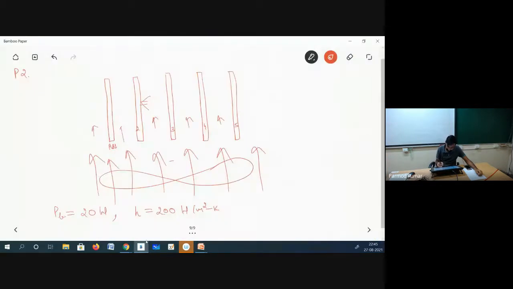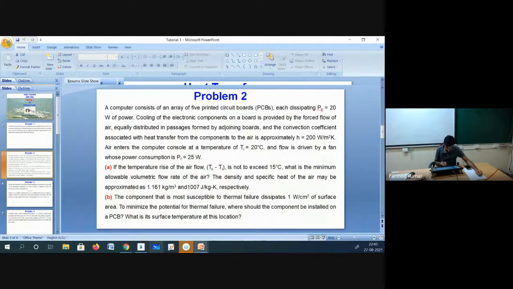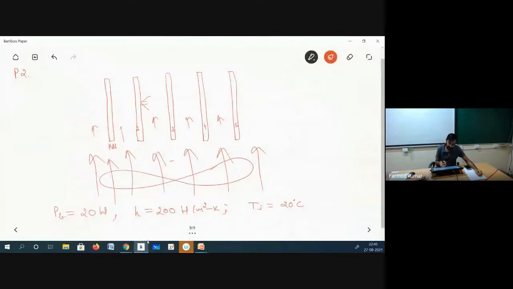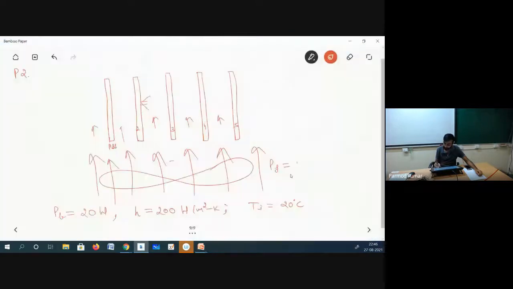So when air is entering the system, its temperature Ti is equal to 20 degrees Celsius. And the fan is doing some work on the system, so fan power is equal to how much? 25 watt. So these are the given conditions.